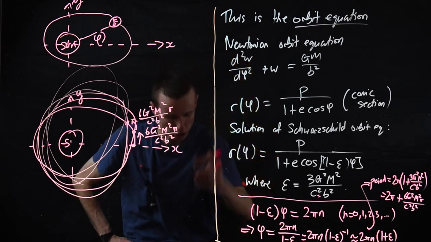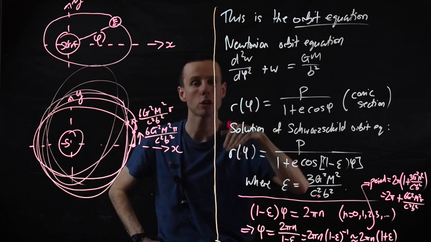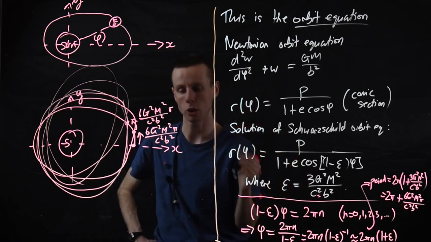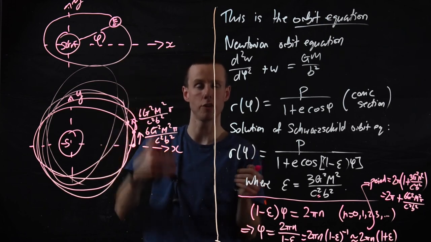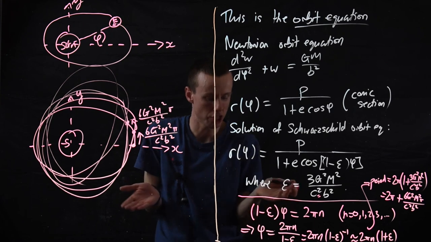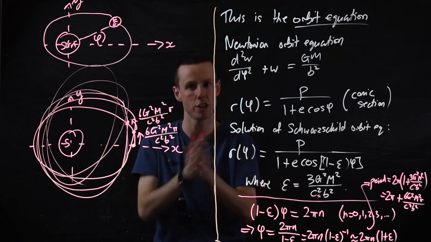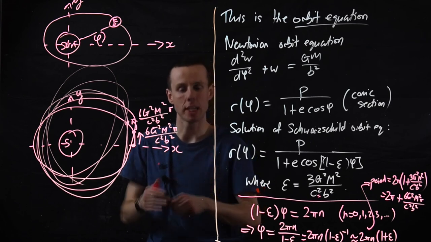And then we found a differential equation for r as a function of the proper time tau, and a differential equation for phi as a function of tau. But we didn't want that. That was a solution, but we would rather have r as a function of phi. We would rather eliminate tau, and we did that by finding the orbit equation.